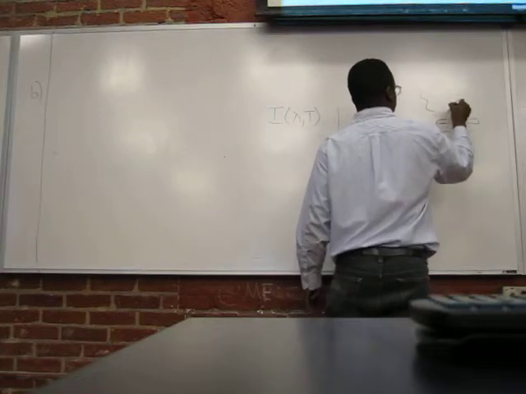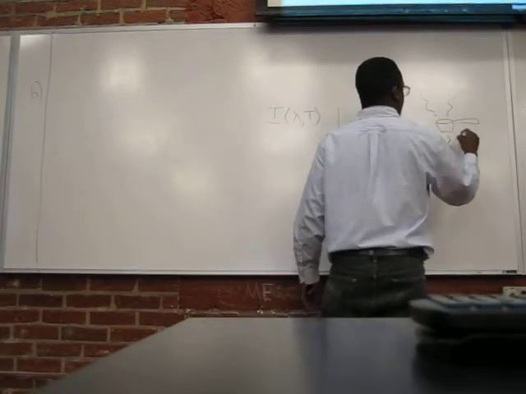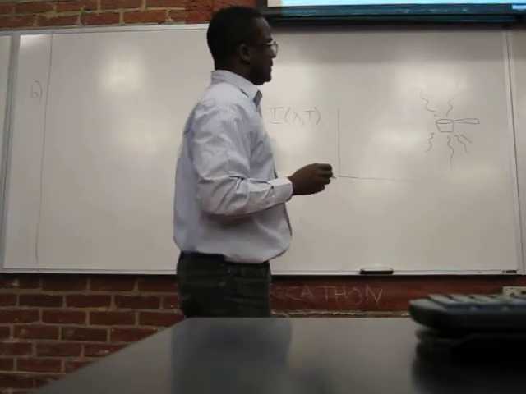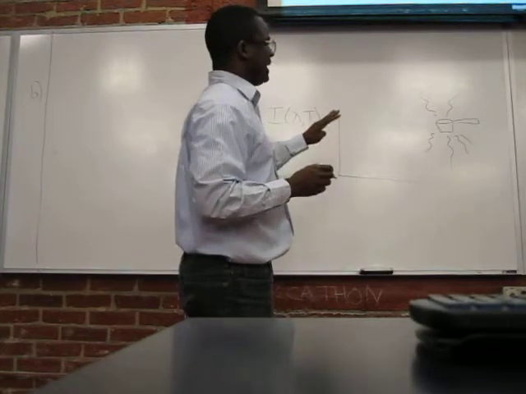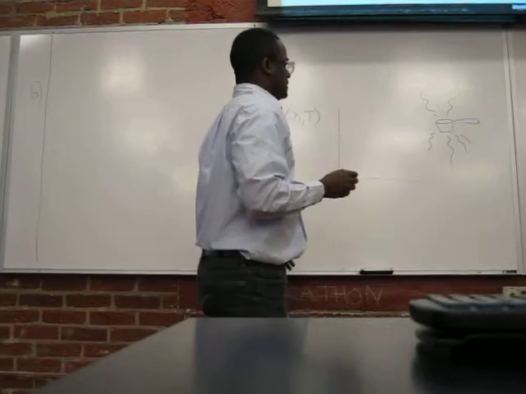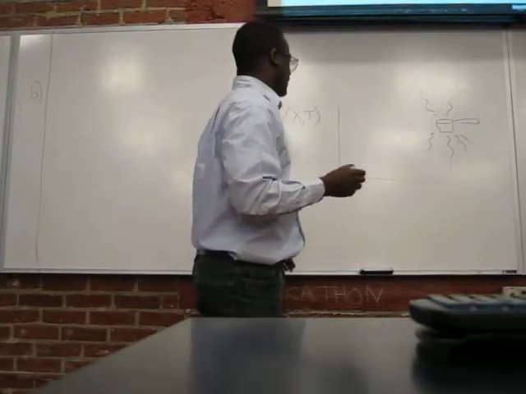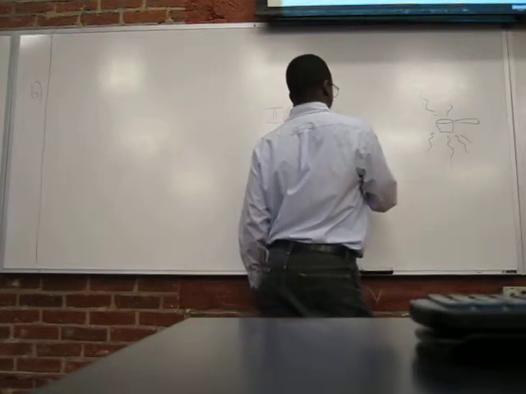It's radiating light. We can't really see it because it's in the infrared range. Say it's cool, like maybe 70 degrees Fahrenheit, or 25 degrees Celsius.